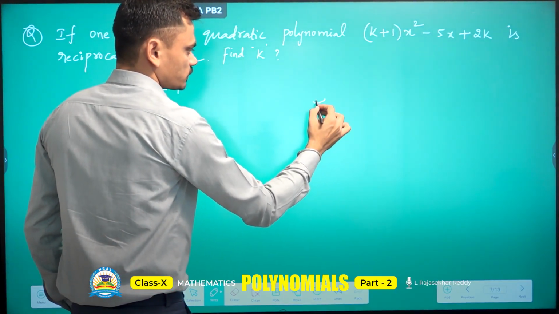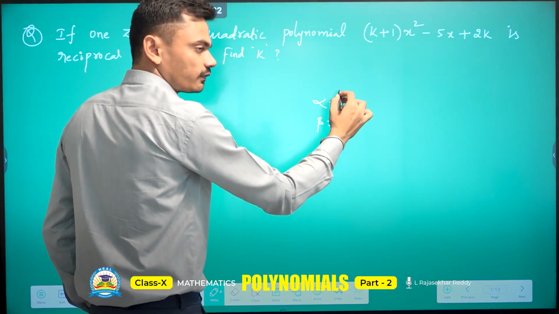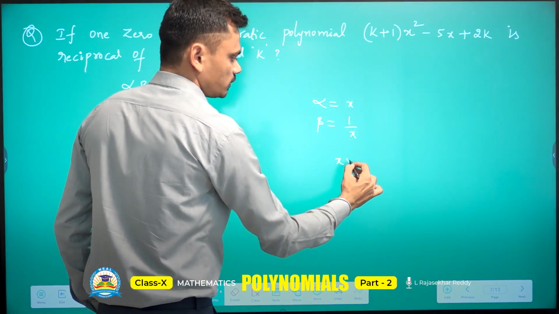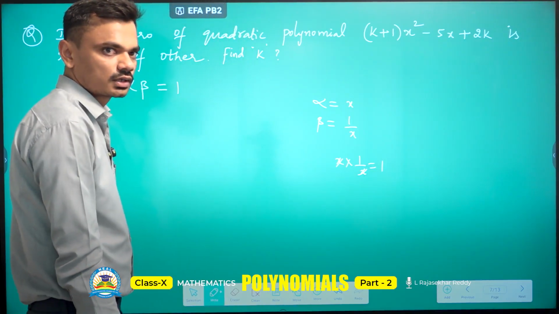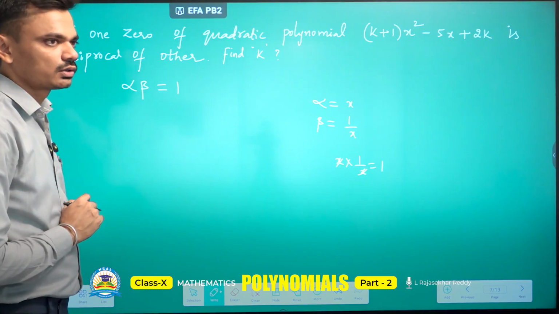Suppose alpha is x, beta is the reciprocal of x, which means it becomes 1 by x. So what is the product, x into 1 by x? Nothing but 1. Okay. So like that we can take this condition alpha into beta is equal to 1.